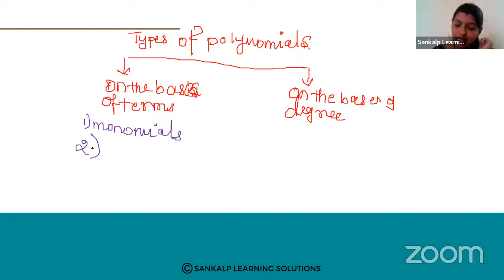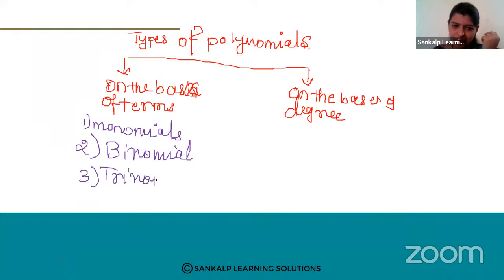Next, if it contains two terms, okay? Already you know what a term is, right? So if it contains two terms, then it is called a binomial. Next, if it contains three terms, then it is called a trinomial.